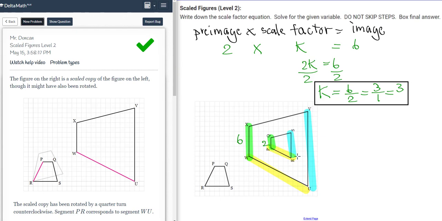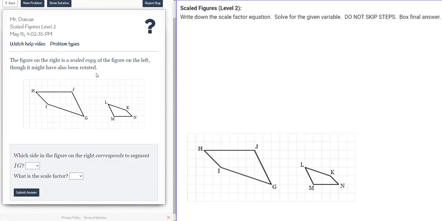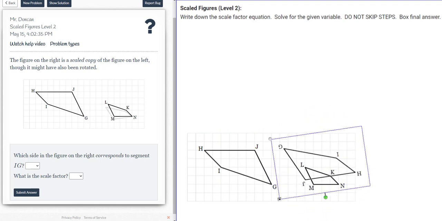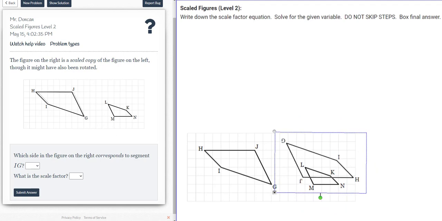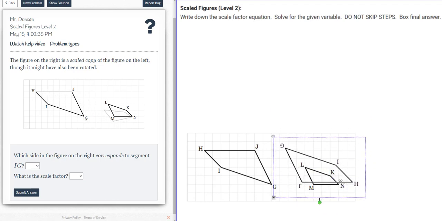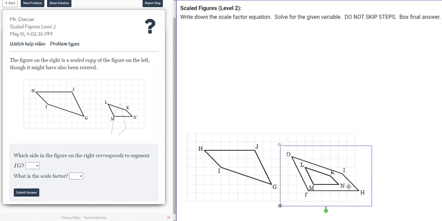Okay, cool. Let's go ahead and find a reduction. So I copied the figure and put it in the whiteboard. Again, you don't have to do this. I'm just going to show you that. I want to have this figure fit about right there. So it kind of fits inside, or you could leave it above, whatever the case. I'm going to draw this right here just to make sure I don't mess up the corresponding sides.